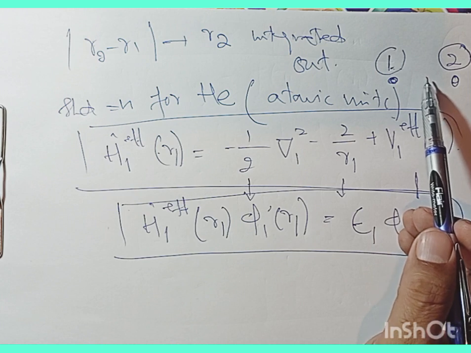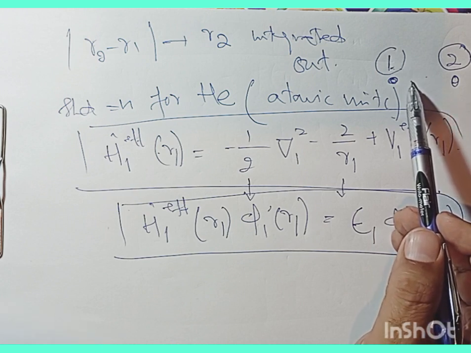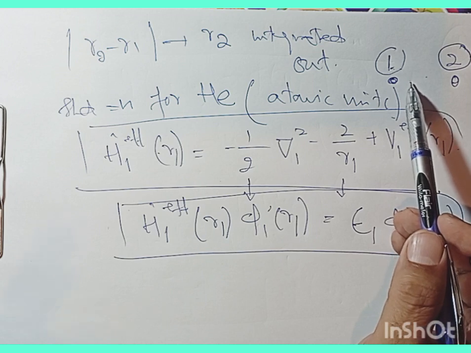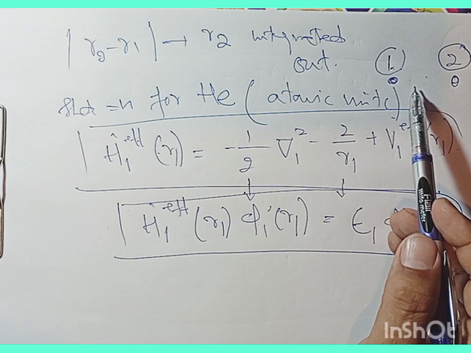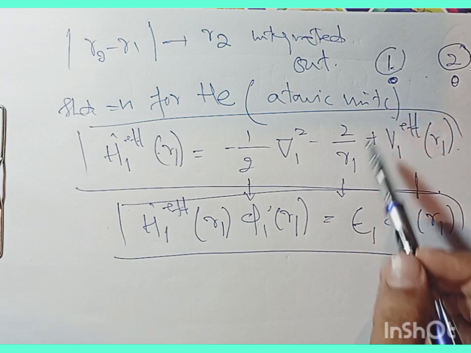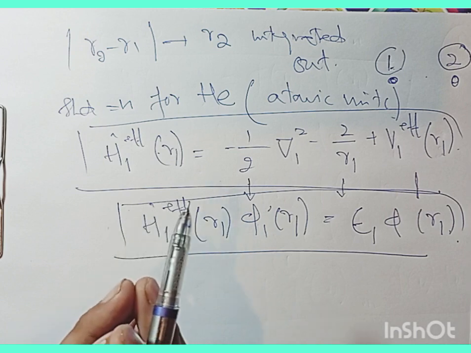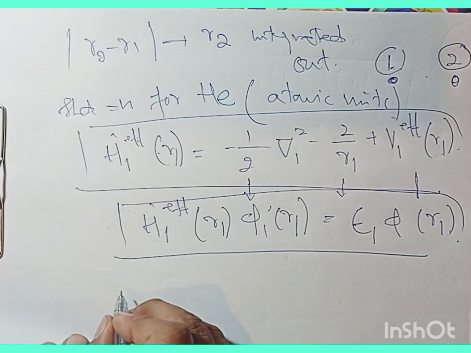So what is important here is that if we know the orbital for electron 1, that should be the case. Knowing the orbital for electron 1 will automatically lead to something sensible out of here. Now, what is important is that we are always making an iterative scheme.